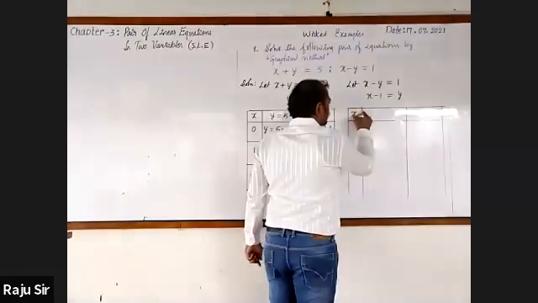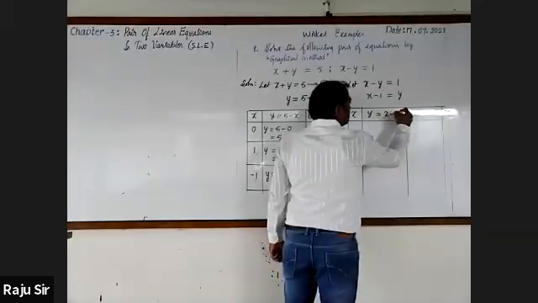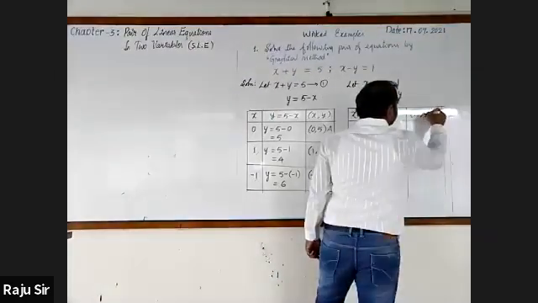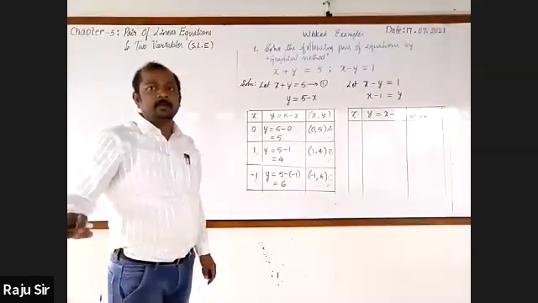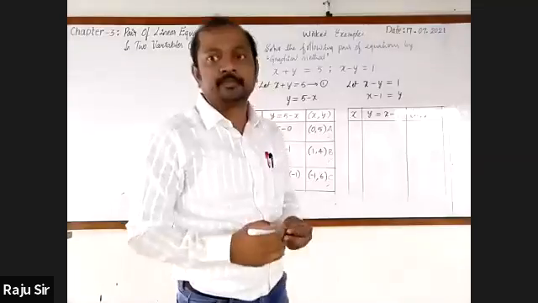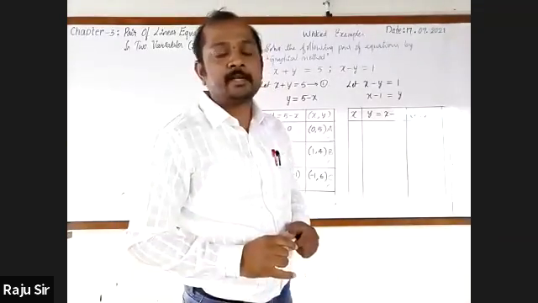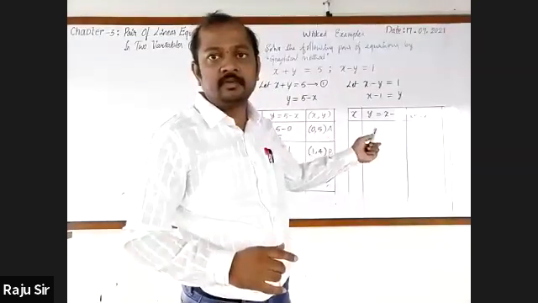Here, this is x, it is y equal to x minus 1. Then here it is x comma y. Over. Please write with me. Suchit, have you written? Okay.